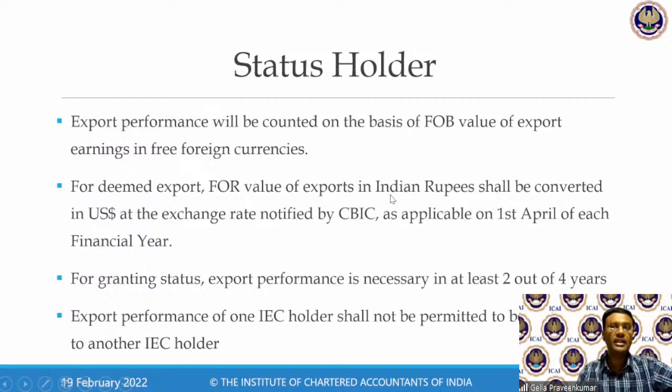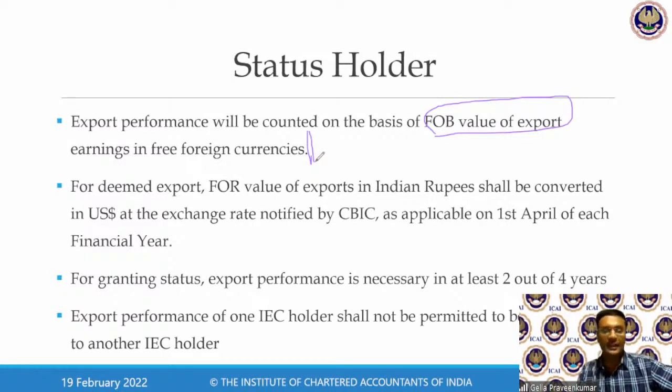Now, I will be given this category on the basis of FOB value of exports, free on board, and earnings in free foreign currency. Now, earnings in convertible foreign currency, earnings in free foreign currency, I can take into consideration both aspects. So what is that foreign currency?